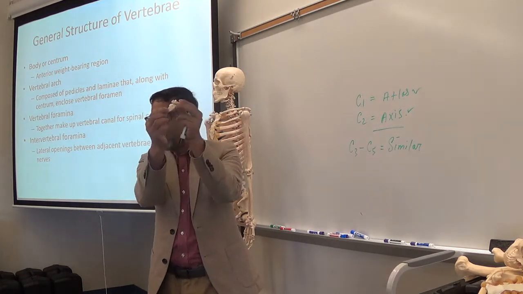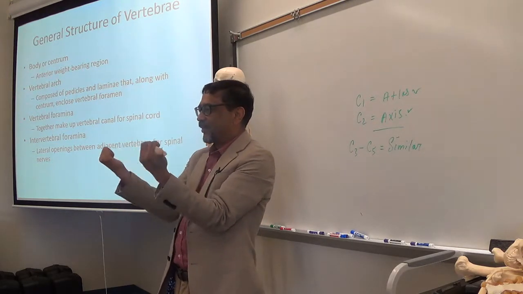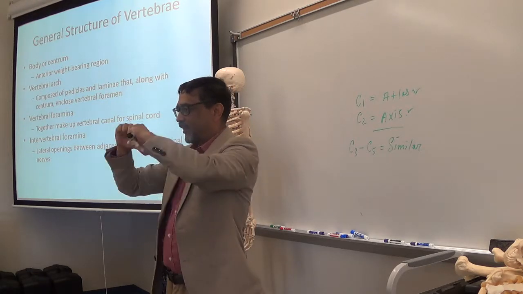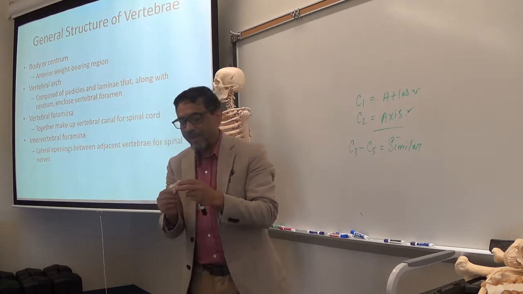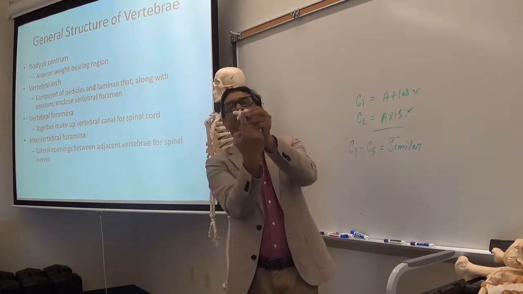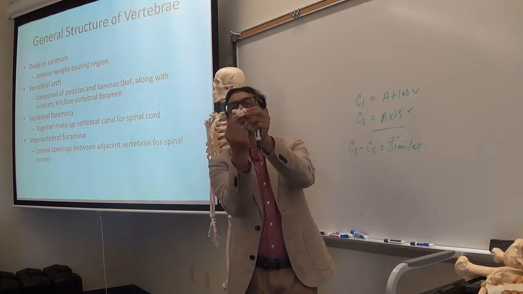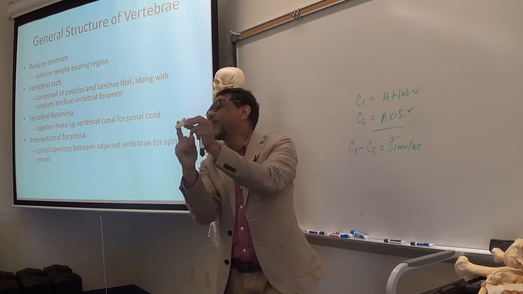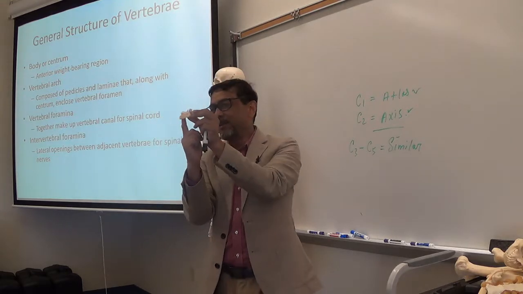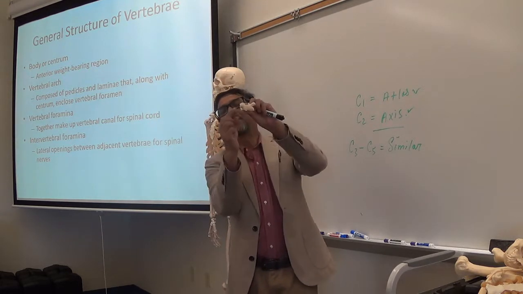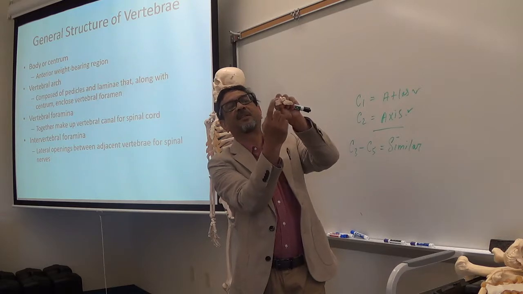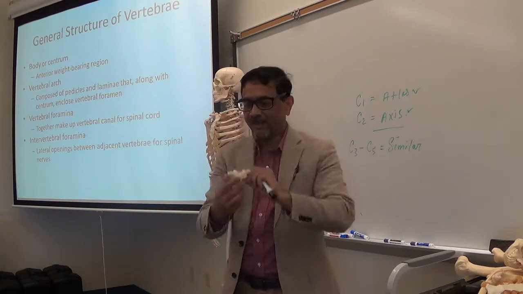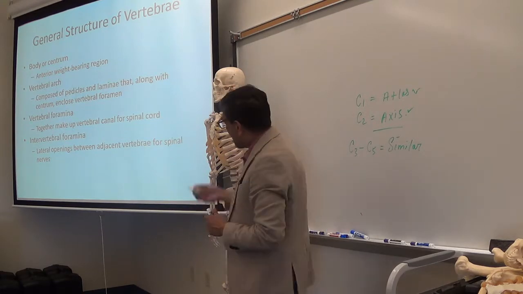And the area between the transverse process and the spinous process, this part and this part, is called lamina, okay? Lamina. And the part that is connecting the body to the arch is called the pedicle.